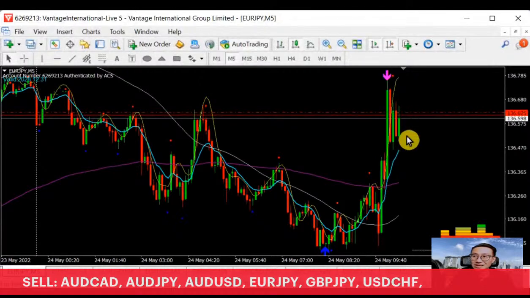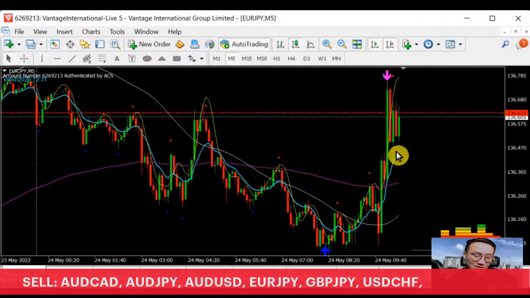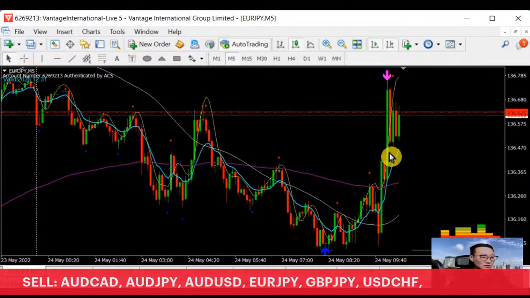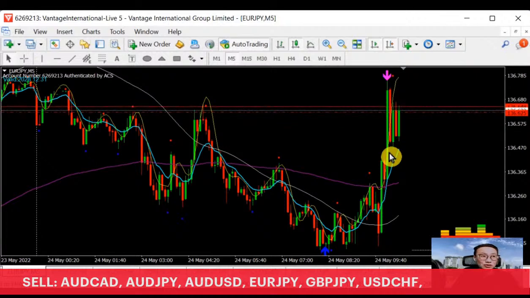This also shows that the resistance is quite strong over here. So let us allow this Euro Yen to go and test it first, before we take action.